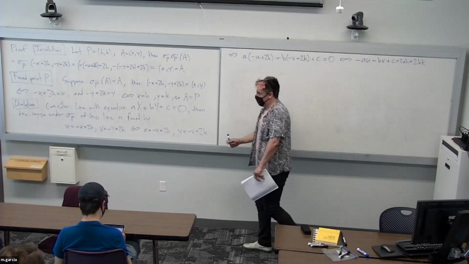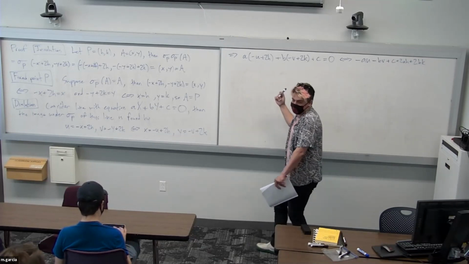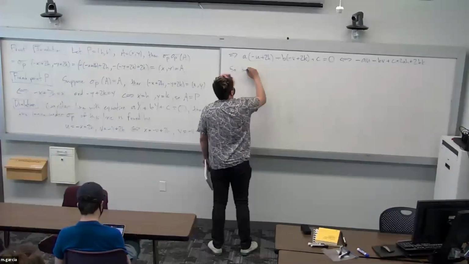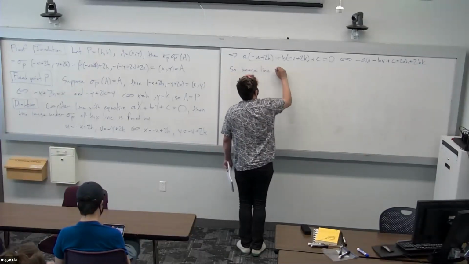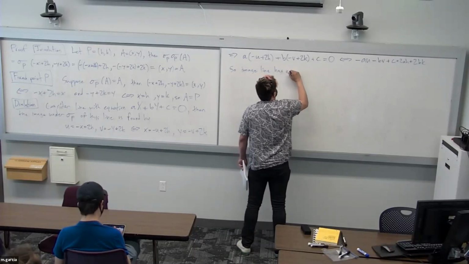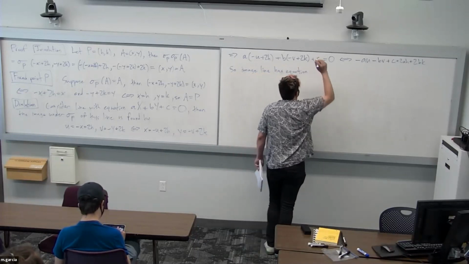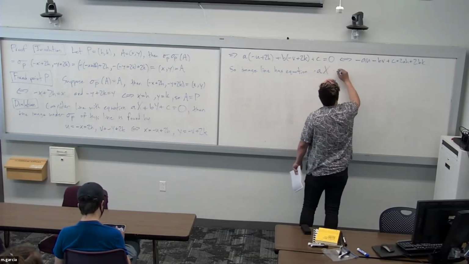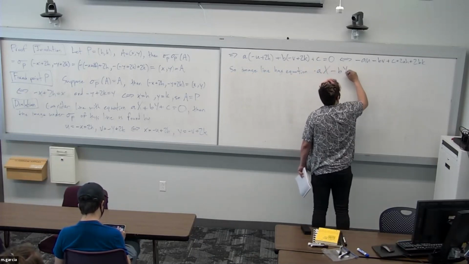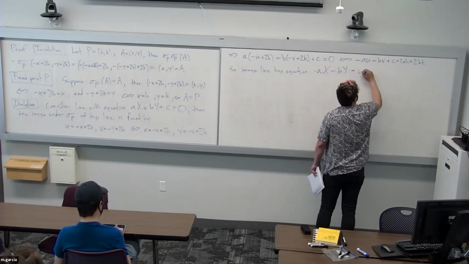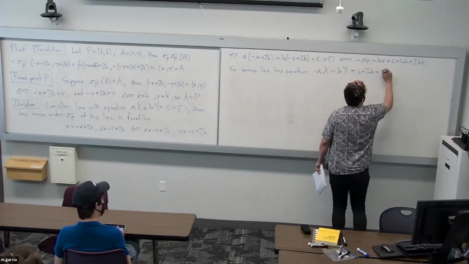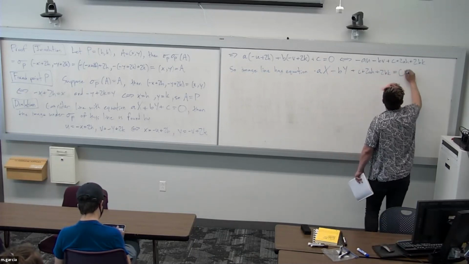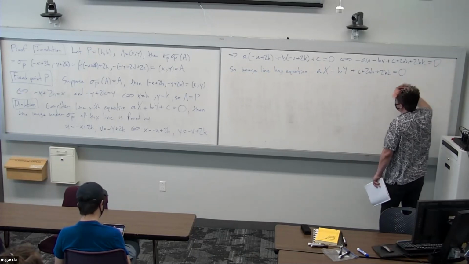So now this formal thing where we put the variables back in, right? So the image line has equation negative AX minus BY plus C plus 2AH plus 2BK equal to 0.